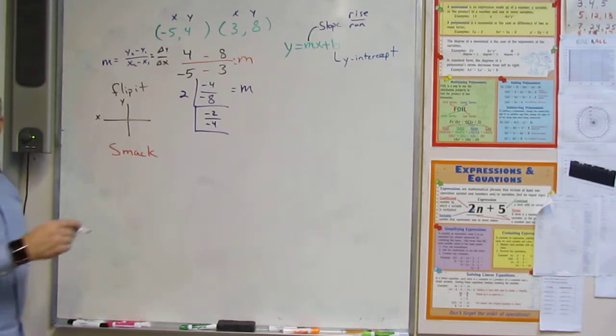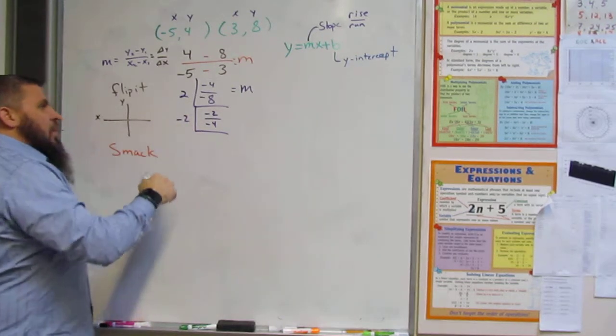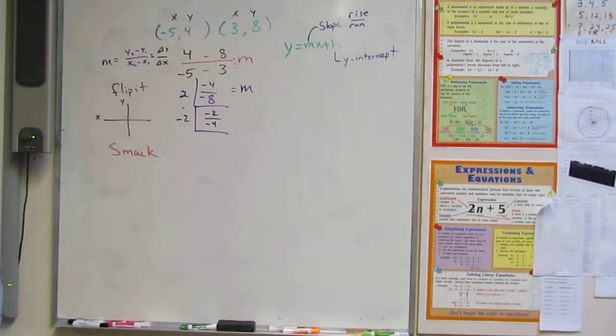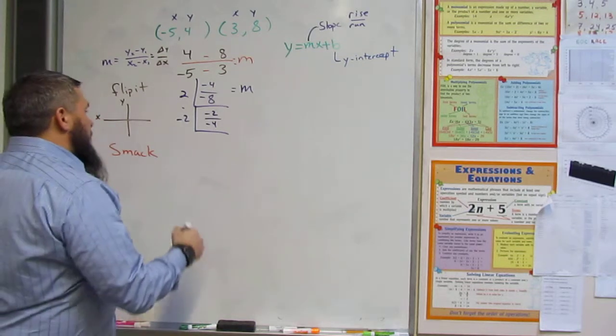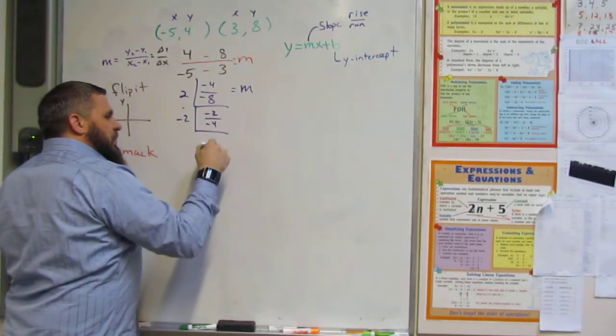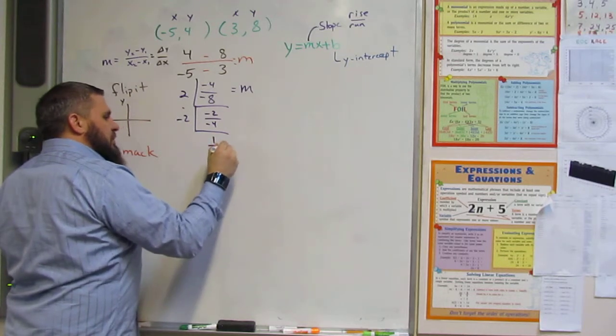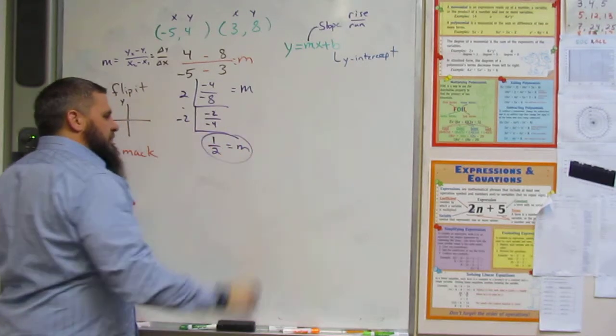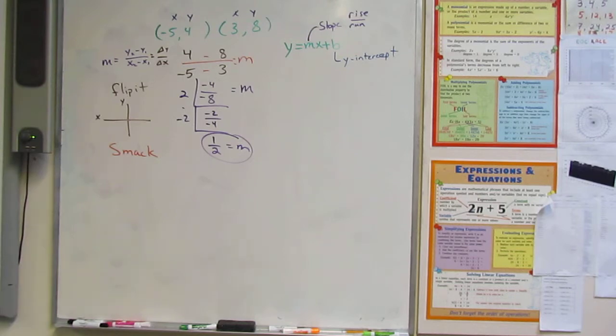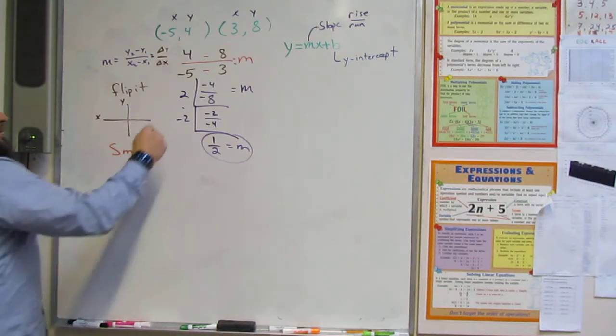A -2? Well, what is 2 times -2? -4, right? So yeah, we could have started with a -4, it doesn't matter. But as long as we get down to 1 over 2 equals m, we're happy. Okay? 1 over 2 equals m, we're happy.